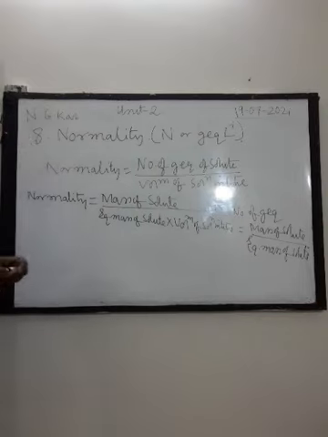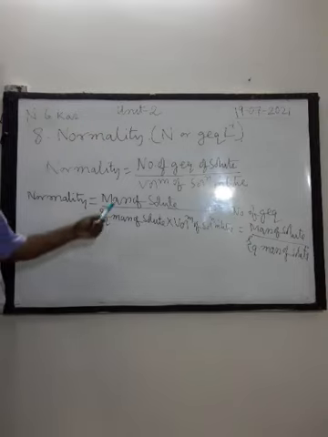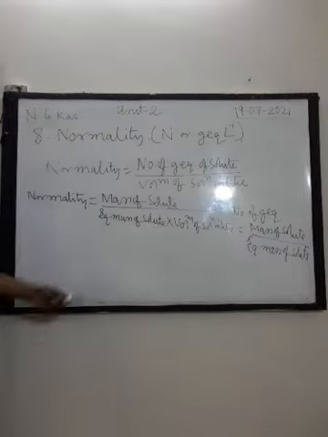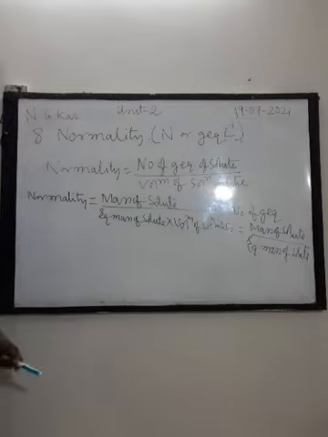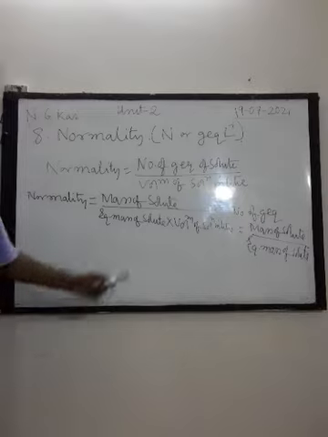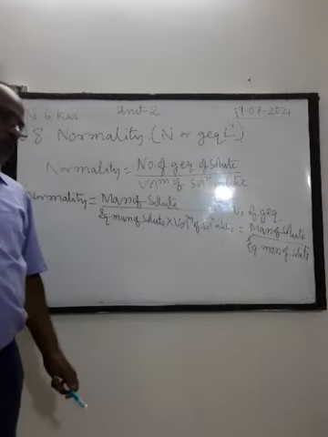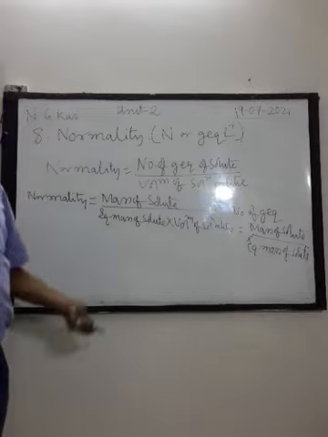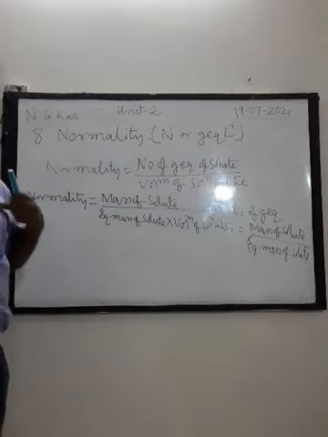So for finding normality of a solution, it is necessary to know mass of solute, also equivalent mass of solute, and volume of solution in liter. So if these three terms are known, then we can easily find out normality of a solution.